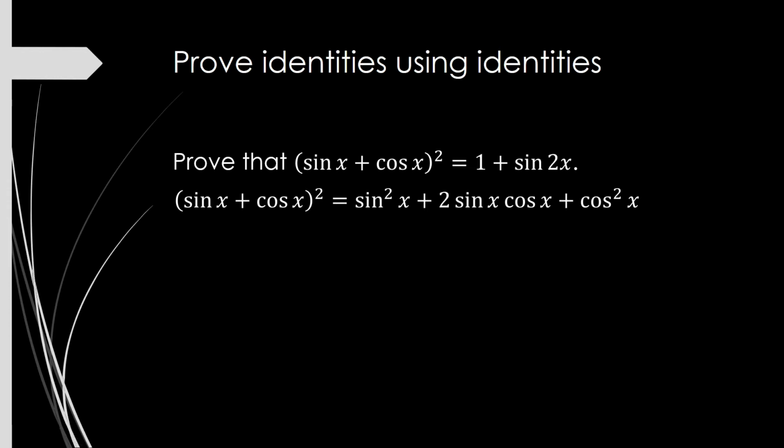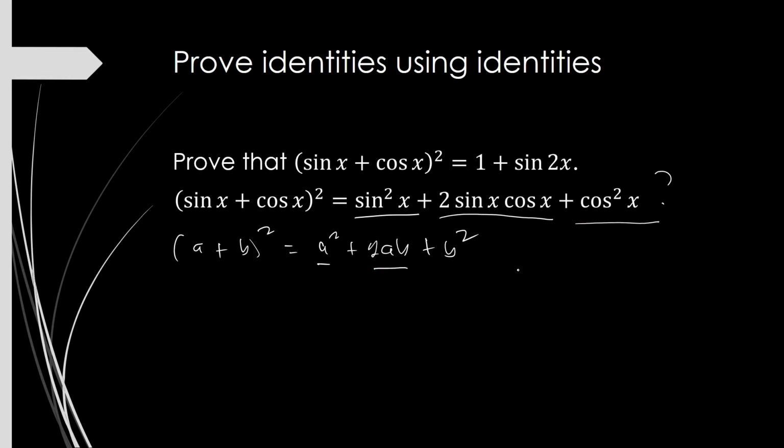So where did this come from? Well, this one is applying our special products on sine of x plus cosine of x. This is equal to a squared plus 2 times a times b plus b squared. So you will square the first term, plus 2 times the first term times the second term, and you will square the second term.